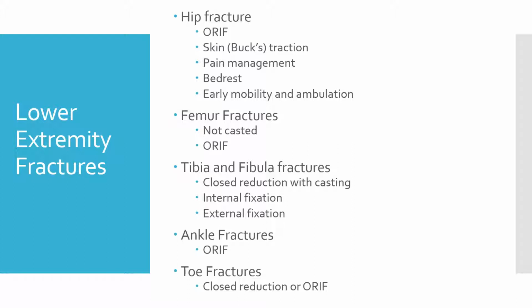Femur fractures are usually a result from trauma. That is a very large bone. It's very hard to break that. And a lot of times if you do have fatty emboli, it's usually from your femur fractures. They're not usually casted because the muscles of the thigh become spastic, which causes displacement of the bone ends.